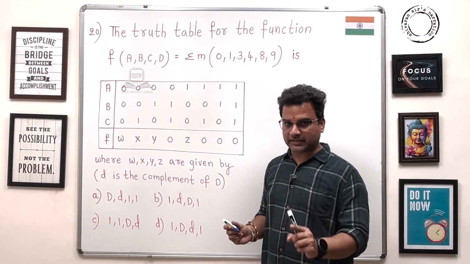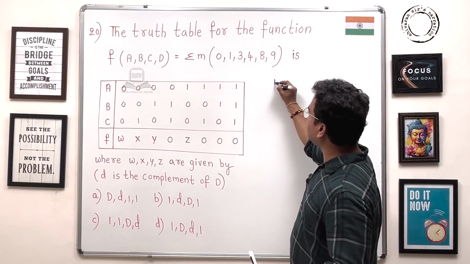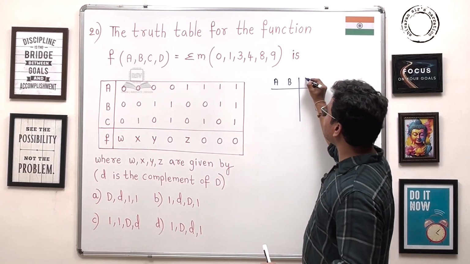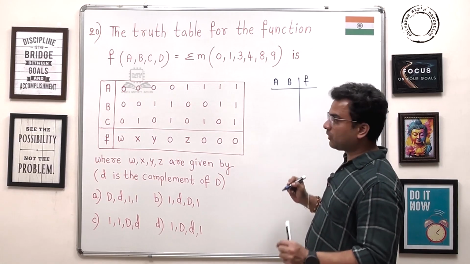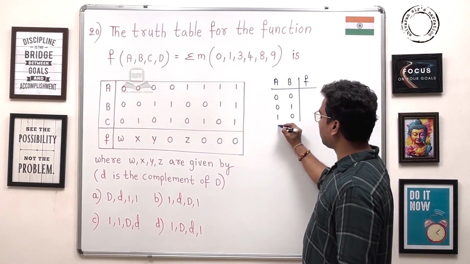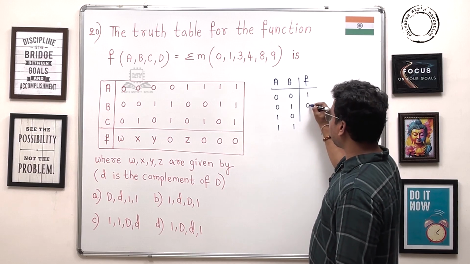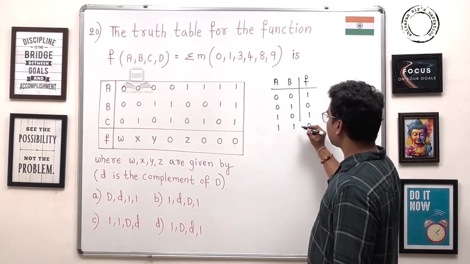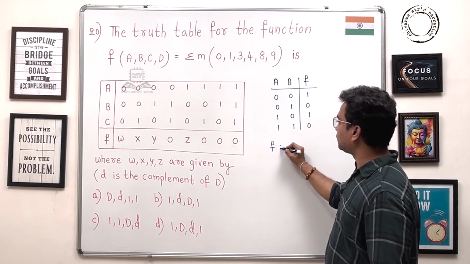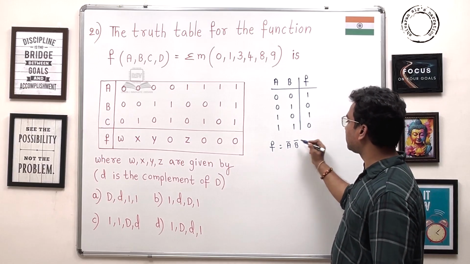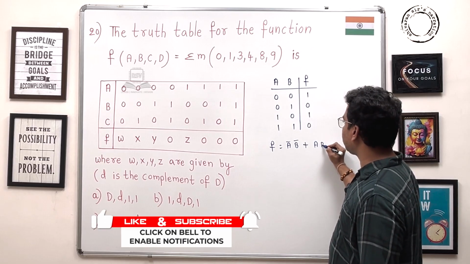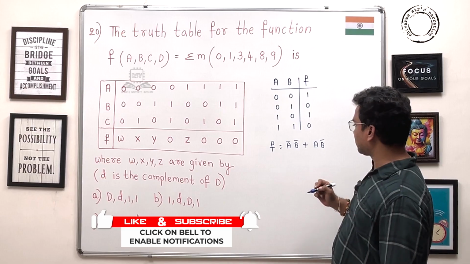Usually, guys, for example, let us take a 2 variable K-map or truth table. Let's assume f is 0 0, 0 1, 1 0, 1 1. Usually if I say like this, then what will be the expression, guys? f is equal to a bar b bar plus a b bar. This is the expression only, na?